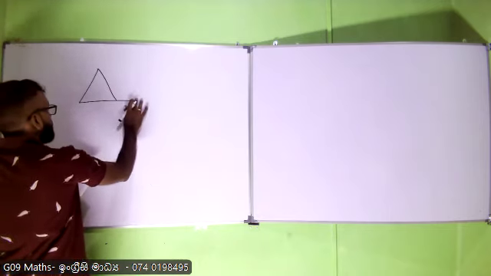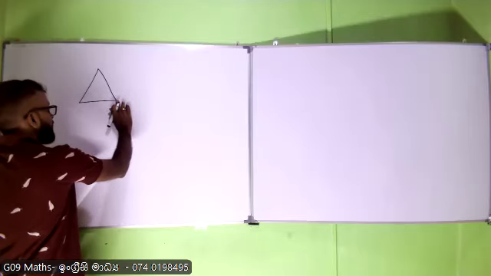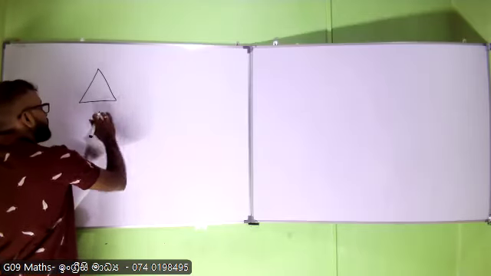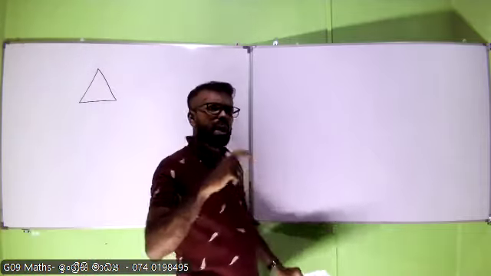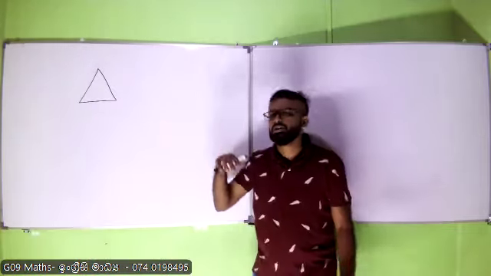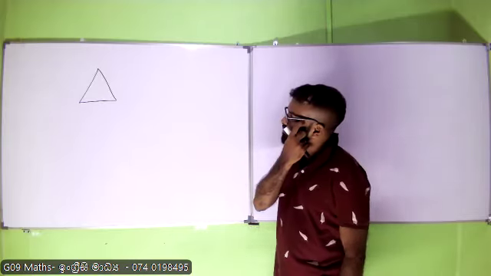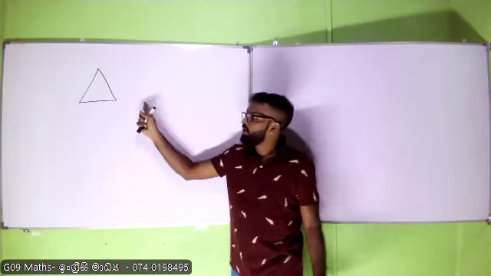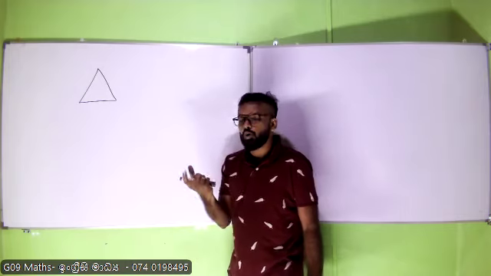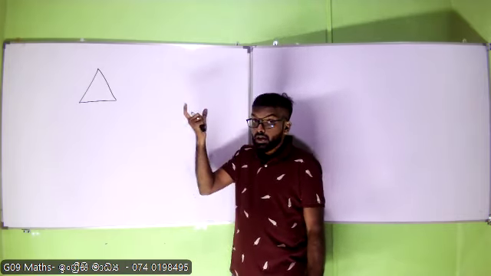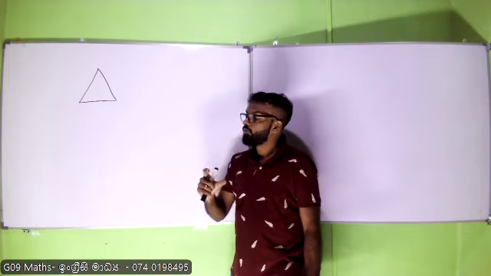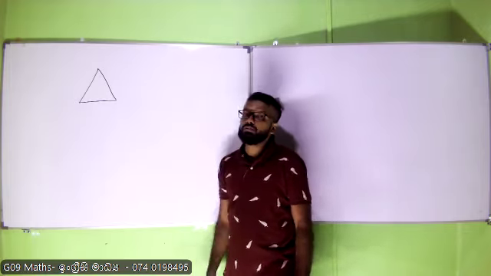Because we need to identify the exterior angles first. What are we calling the exterior angles and what are we calling the interior angles? So this is a triangle. How are we going to form exterior angles of this one?